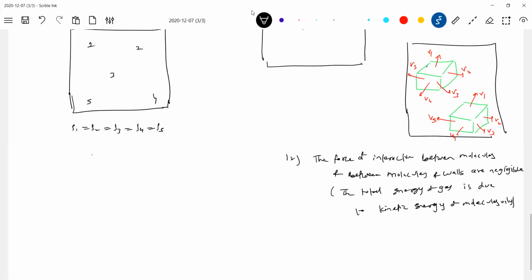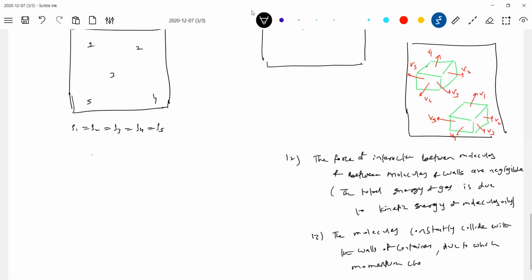Okay, the last one: the molecules constantly collide with the walls of the container, due to which momentum changes.